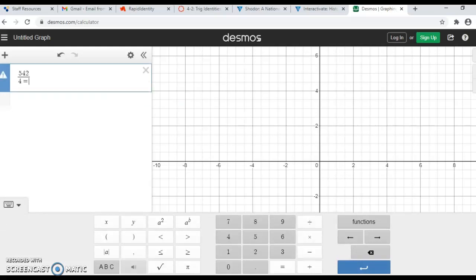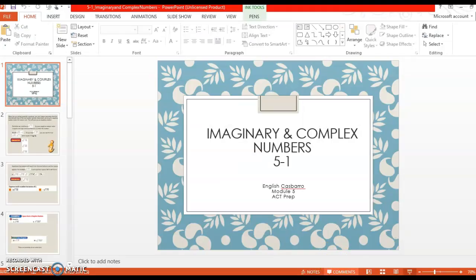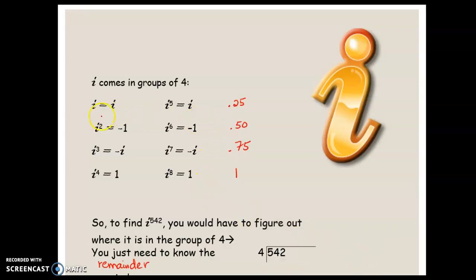Oops, I keep hitting that x. I mean it equals, you got 135.5. So 0.5 would be 2/4, which means it's going to go on the i squared version, which is -1.